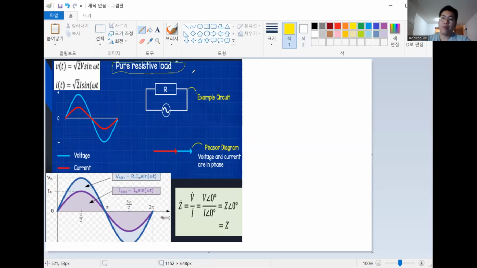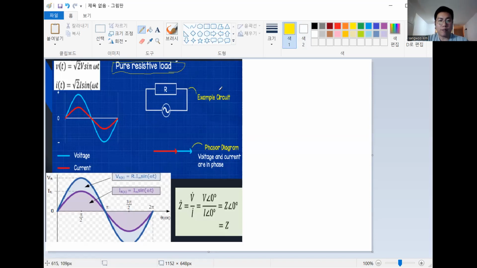A pure resistor would be a heater, for example, because nowadays we use LEDs, so that is not a pure bulb. A heater is the most realistic example of a pure resistor.